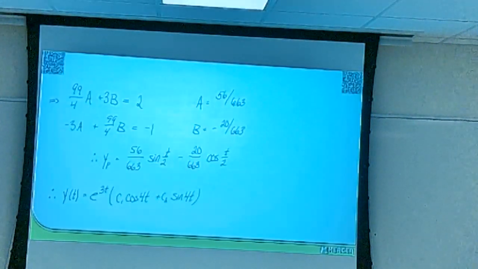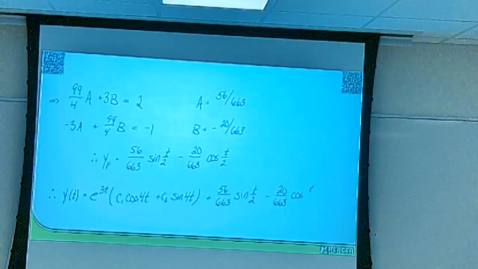That's the complementary, right? Plus your particular. And that is the general solution.